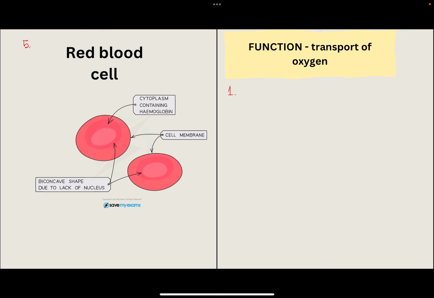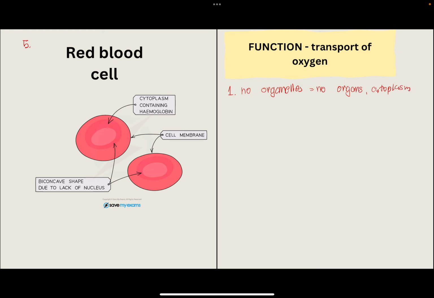So one of the features is that it has no organelles. What does that mean? It means it has no organelles like mitochondria. What else? Ribosomes, they're not there. You only have what? You only have cytoplasm.